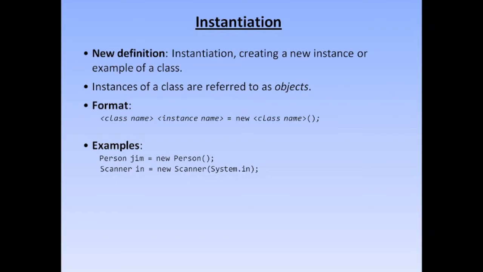This System.in is passed as a parameter inside the constructor of the class Scanner. Thus the new object in is created with the help of the constructor of its class, providing System.in as a parameter.